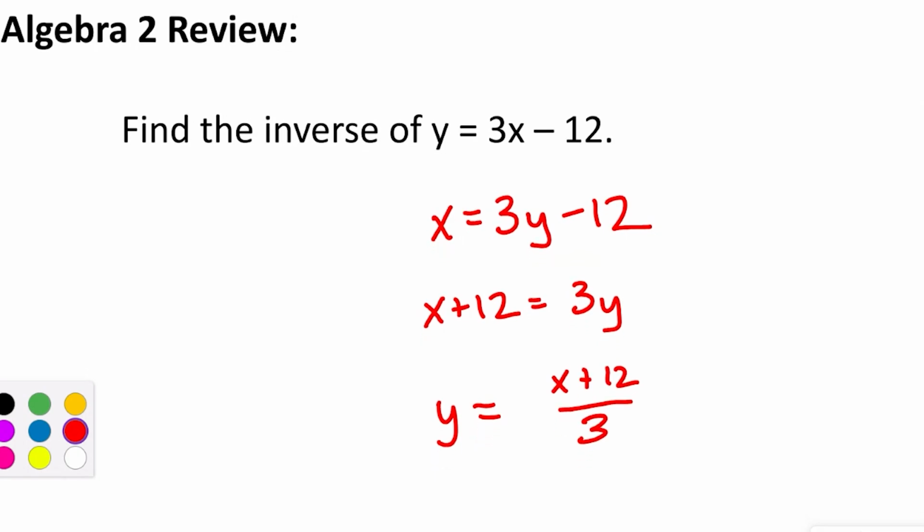Okay, now this is the inverse of the original equation, and we don't want to confuse which x or which y is which. So we've got this notation that we use. It's a little bit of an unfortunate notation, I think, because it already means something in a different context. But basically, you put a little -1 on that function.